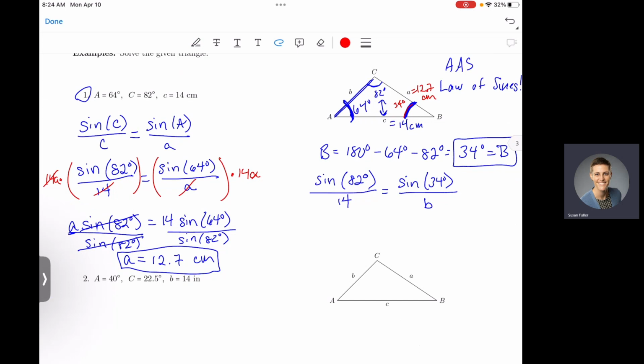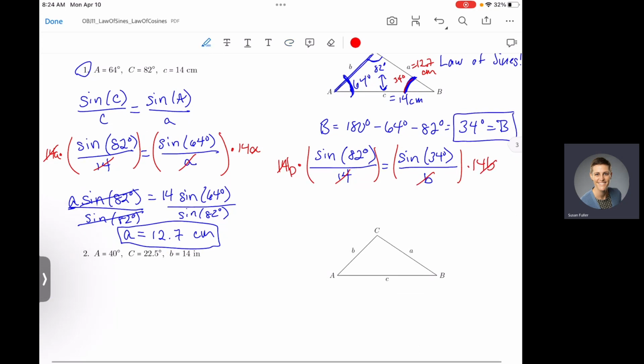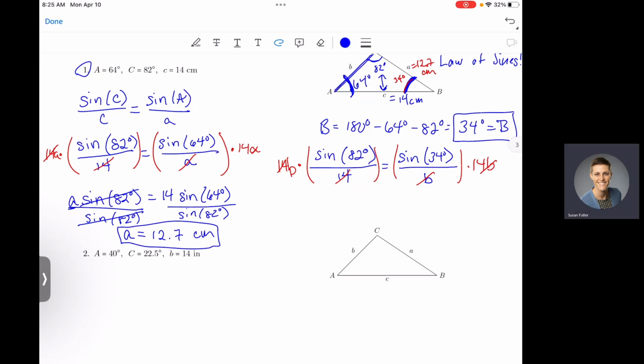Again, what you're going to do is take both sides here and multiply by your common denominator, which here is 14b. And when you do that, you get that b times the sine of 82 degrees is equal to 14 times the sine of 34 degrees.